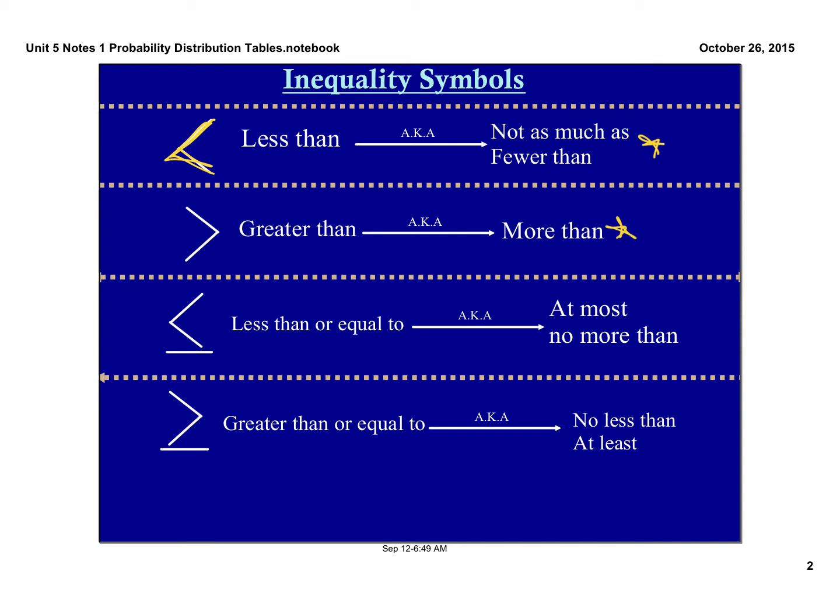More than is the same thing as greater than. Less than or equal to is at most, and that one's a little bit tricky, because at most is actually less than or equal to. Same thing with greater than or equal to. At least kind of trips people up. We see at least a lot. At least is actually greater than or equal to. At least means you start at a bottom value and go up from there.